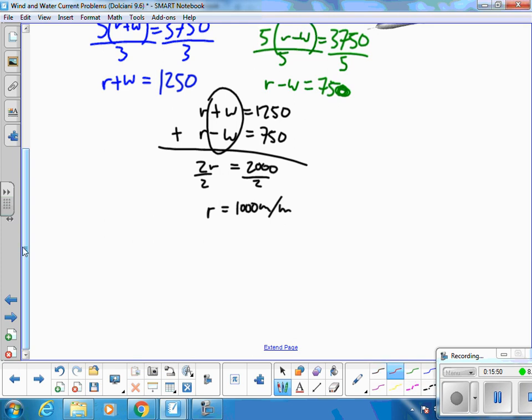Well, now that I have my rate, I can use that to find the rate of the wind. So this is my rate, plus the rate of the wind is a total of 1,250. So I can subtract 1,000 from both sides, and the rate of the wind is 250 kilometers per hour.